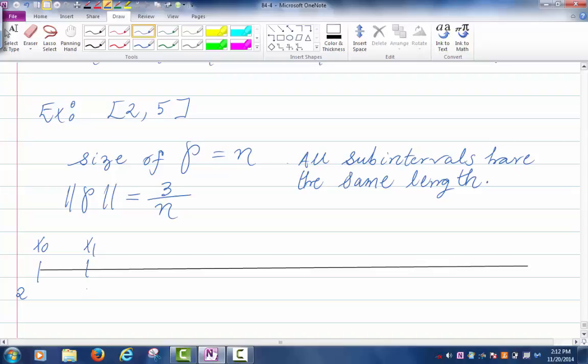Is it just 3 over n? You have to add 2 to it, right? 2 plus 3 over n. So now look at the length of that subinterval. If you subtract x0 from x1, do I get 3 over n? I do get 3 over n, right? So the length of that subinterval is exactly 3 over n.